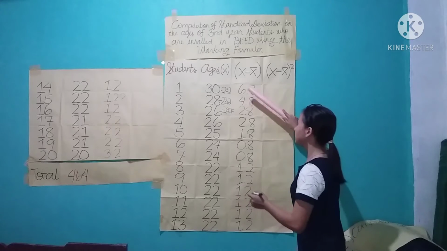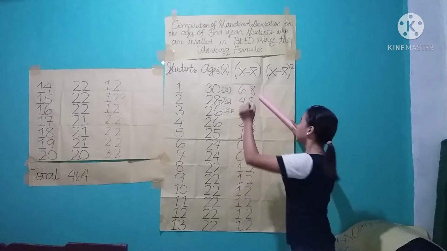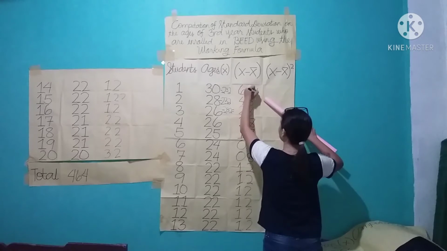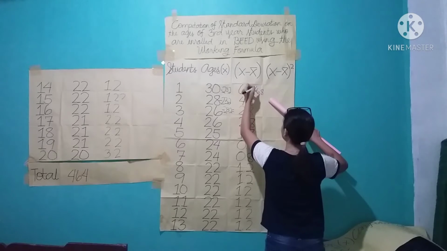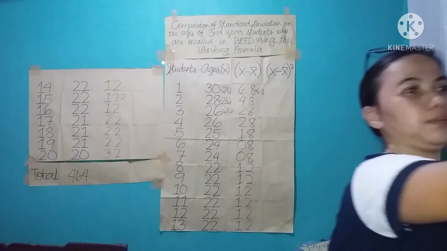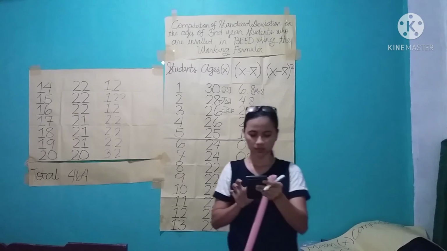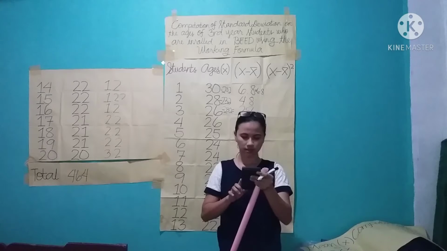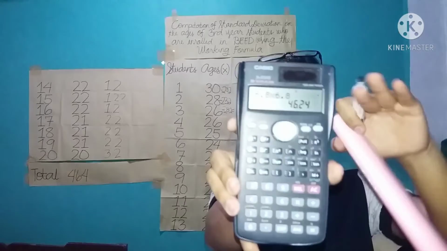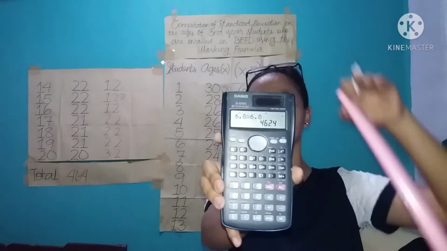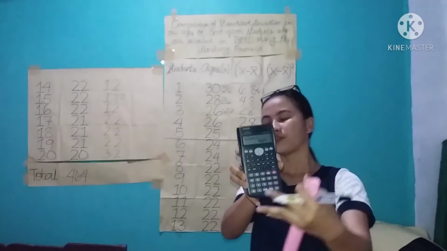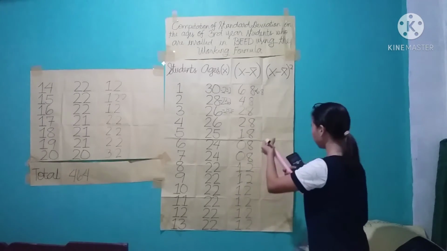For example, 6.8 times 6.8 equals the score or the answer for this portion.